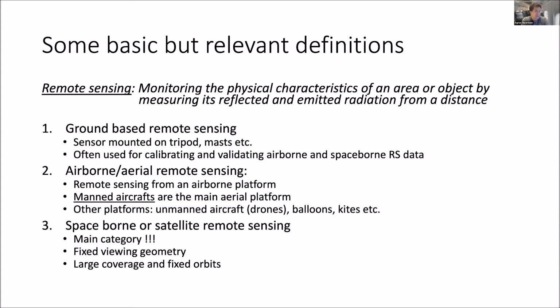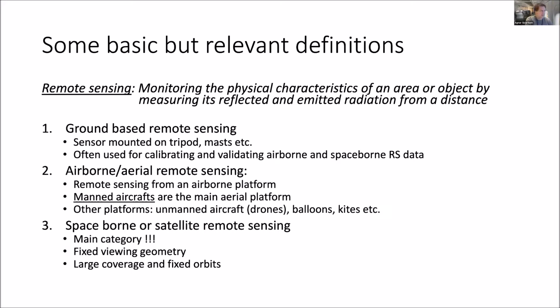This distance can be short or long, and we usually divide it into 3 categories. During this week, we will hear about all 3 categories. On Thursday, I believe Hans Tømmervik is going to tell you about ground-based remote sensing. On Wednesday, we will hear about the Prisma satellite, spaceborne remote sensing. And today, we'll talk about airborne remote sensing.